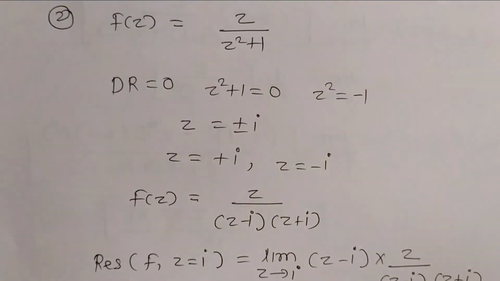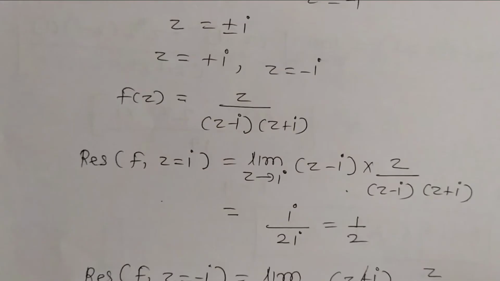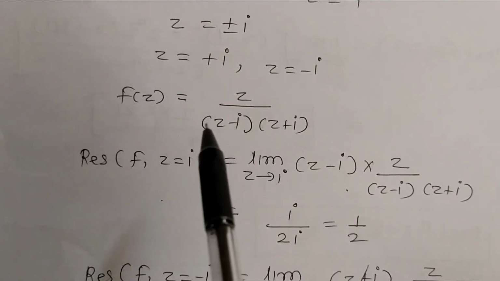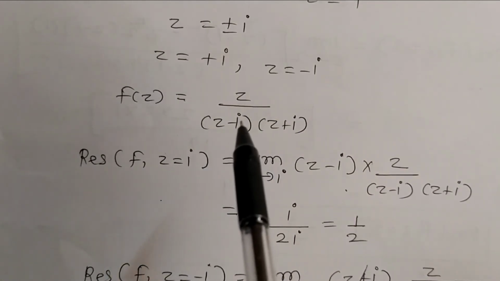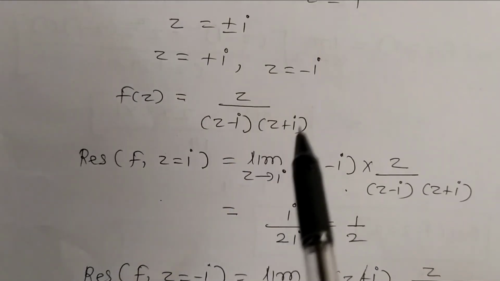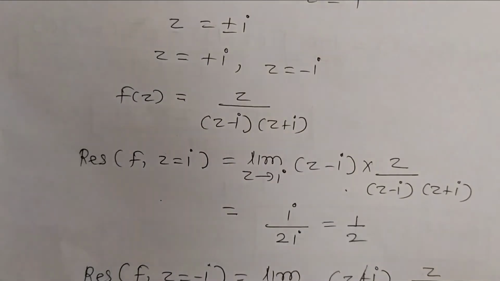So the poles here are z − i raised to 1 and z + i raised to 1, and n = 1 in both cases.